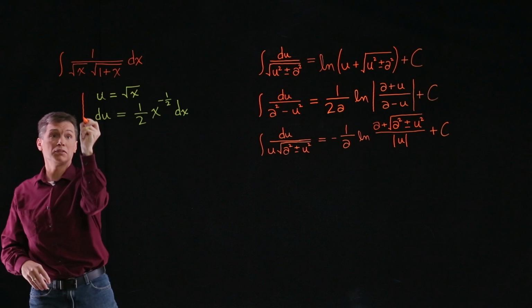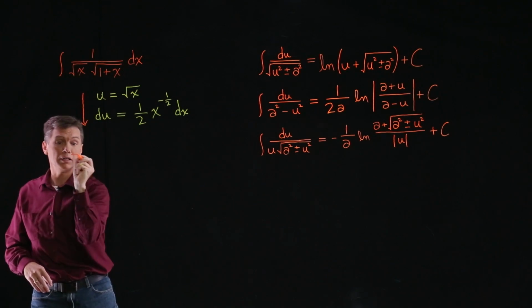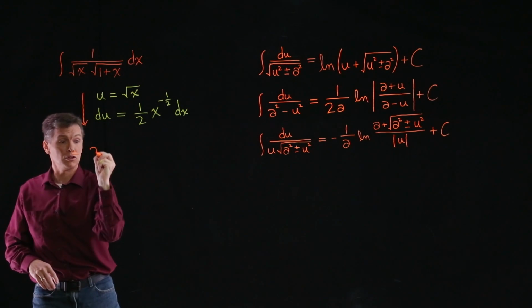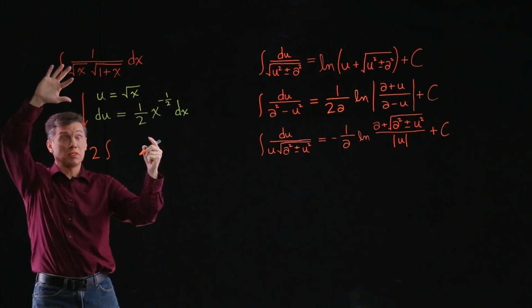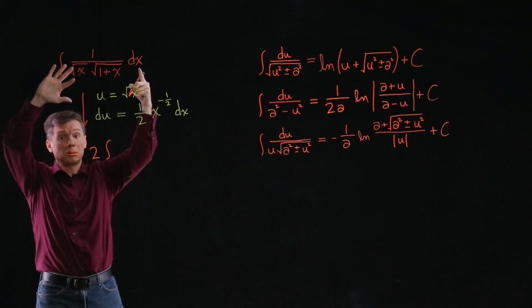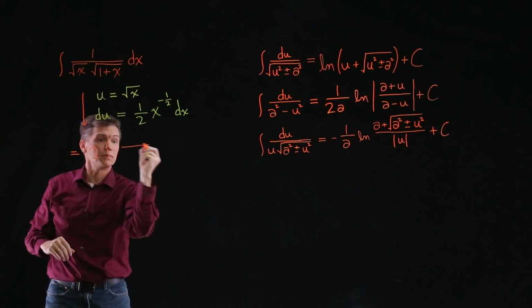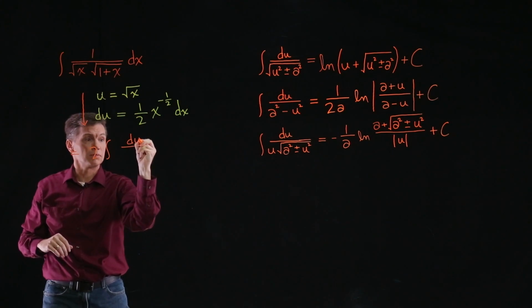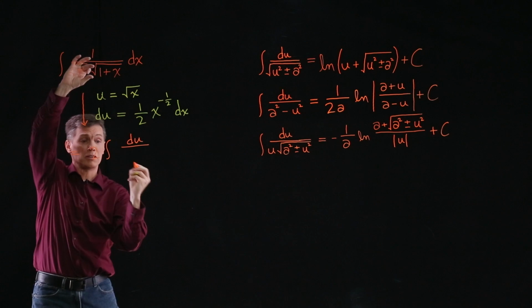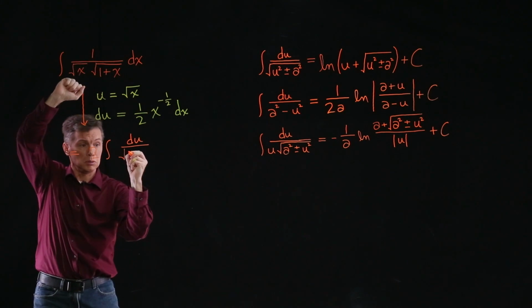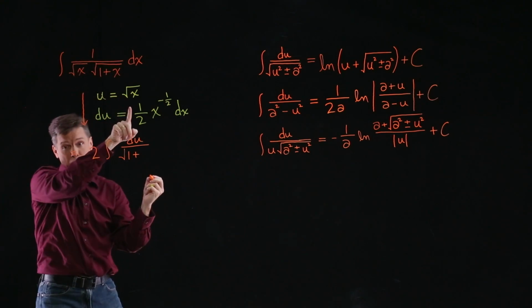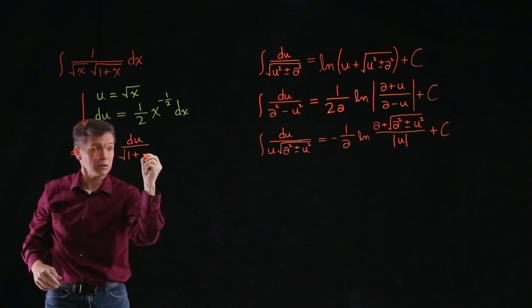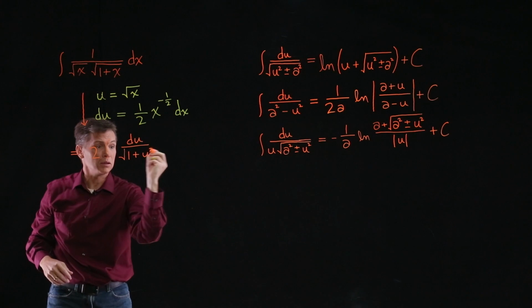So let's take this given integral and rewrite it as 2 times the integral. The square root of x in the denominator and the dx are going to become du. And downstairs, the other factor there is going to be the square root of 1 plus x. I'm looking at it as the square root of x squared, so that's u squared.